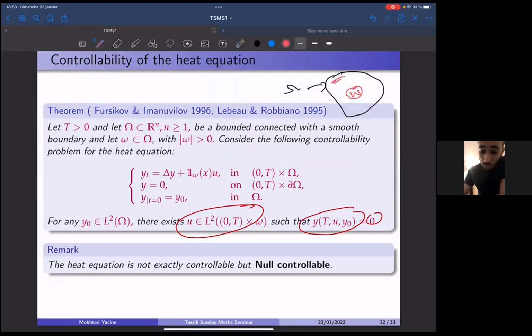So all the solution here is analytic, except in this region where we have regularity L2. So our solution is analytic here, and we would like this solution to equal the target state in L2, which is impossible: analytic functions don't equal functions in L2. This shows that we cannot hope that the heat equation is exactly controllable, but it is controllable to the state y equals 0.